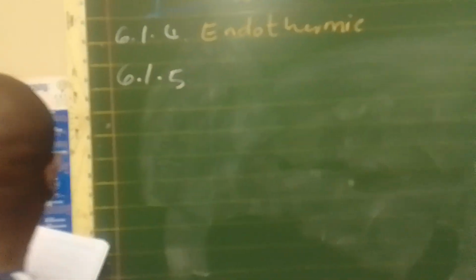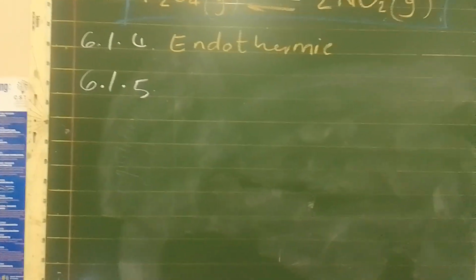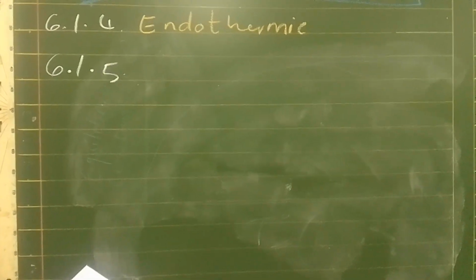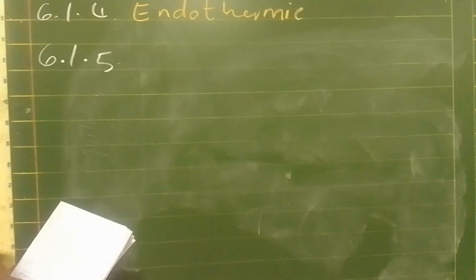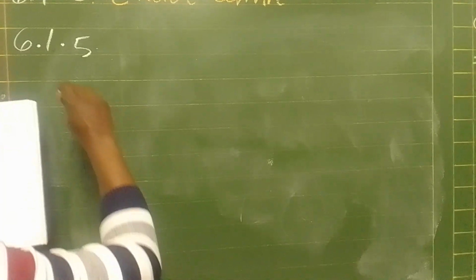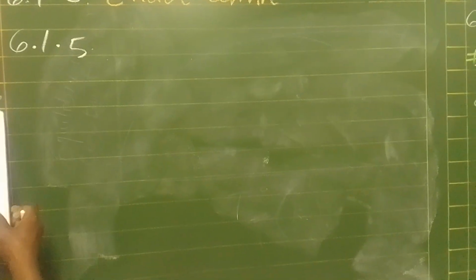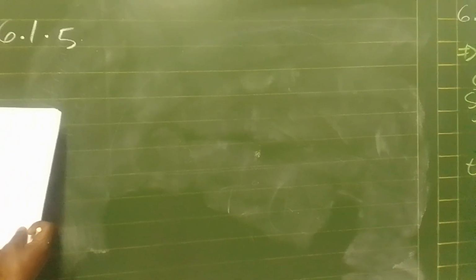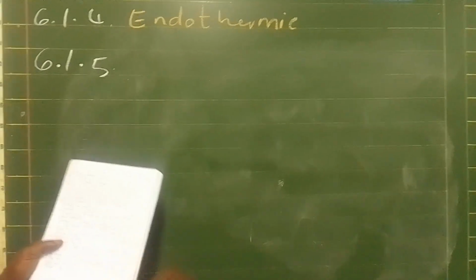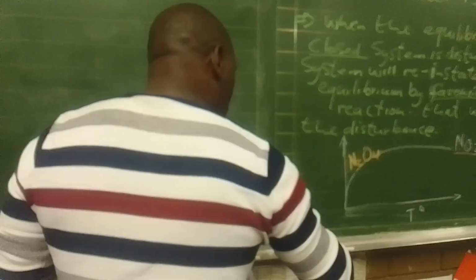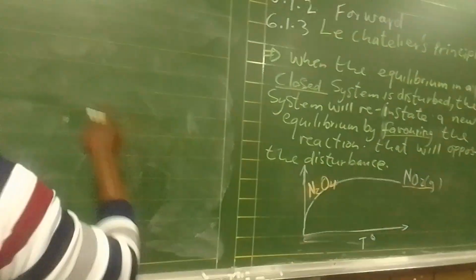6.1.5. Write down two changes that can be introduced to decrease the rate of the forward reaction. As we have said, if you stop the temperature, then you are stopping the forward reaction.